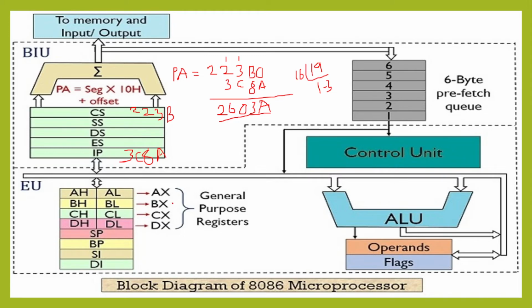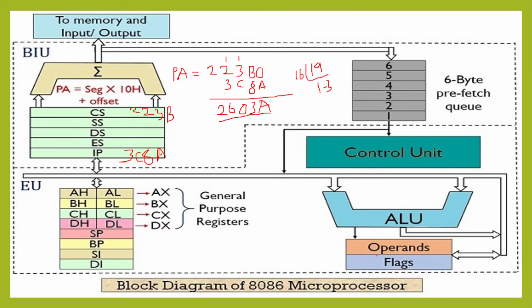Let us move on to the execution unit now. The execution unit contains an ALU, arithmetic and logic unit, which is 16-bit wide, can take up to 16-bit numbers, and perform arithmetic and logic functions. Then the result is updated on the corresponding register, and the flags are also updated. Flag means it is the indication of the status of the current result.